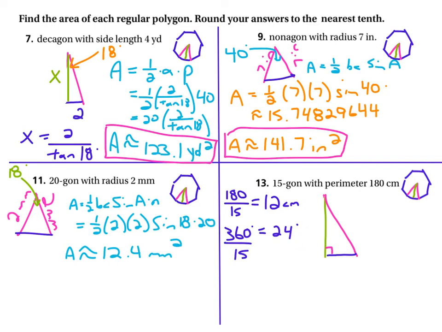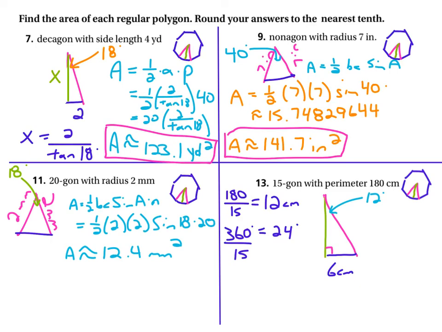So I'm going to write that in here. This angle measures 12 degrees. And remember, we found that there was 12 centimeters per side, but then the apothem cut that side in half. So instead of 12 centimeters here on the bottom, we've got a 6 centimeter length there. So why are we doing this?